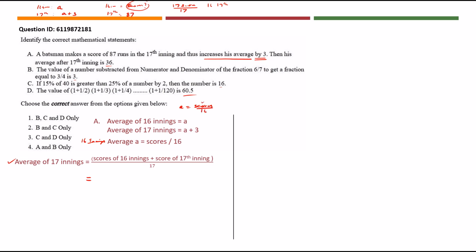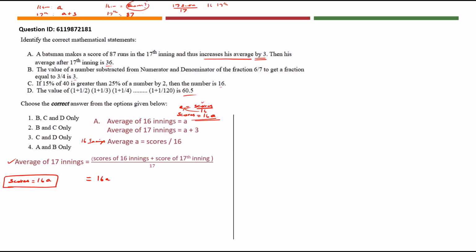This scores variable holds the scores of all 16 innings. So we will keep scores on one side and bring this 16 to the A. This will be 16A. I don't need to know what the score is, but I need a notation to substitute in this average formula. So scores is equal to 16A.